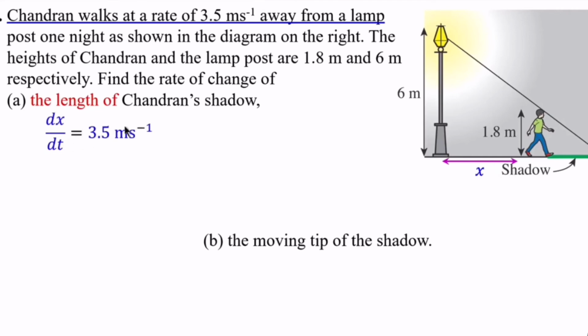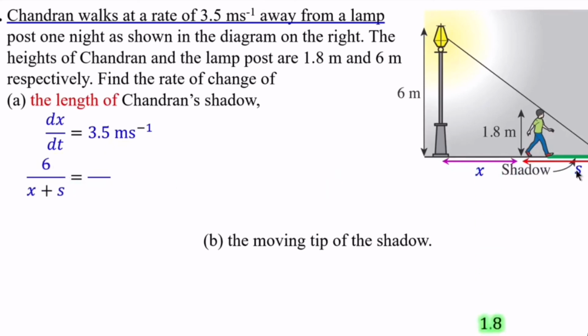So we are going to label and work on the diagram. The s is the length of Chandran's shadow, and we need the rate of change of it. So we need to find the relationship between x and s.